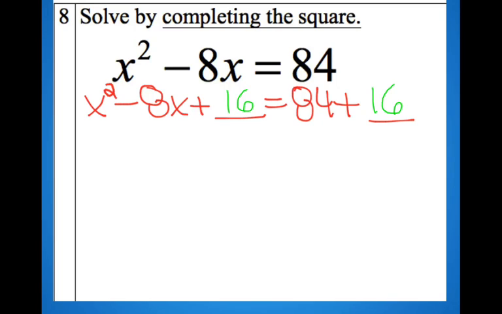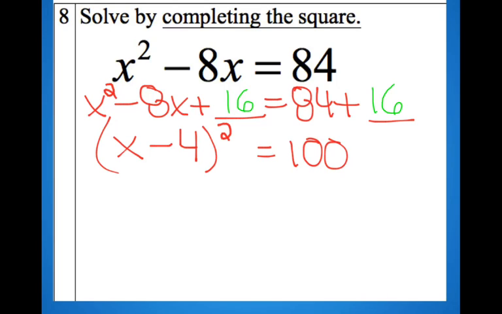And now what happens is this on the left hand side is a perfect square trinomial. So it's x minus whatever the square root of 16 is, so that's 4, squared equals 100. And then you take the square root of both sides.